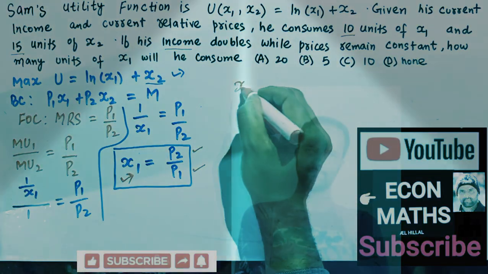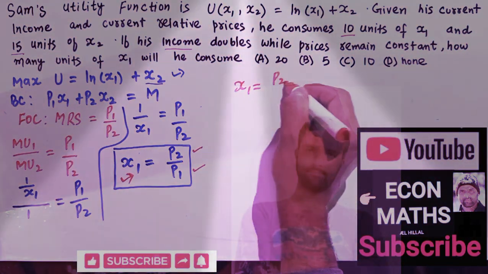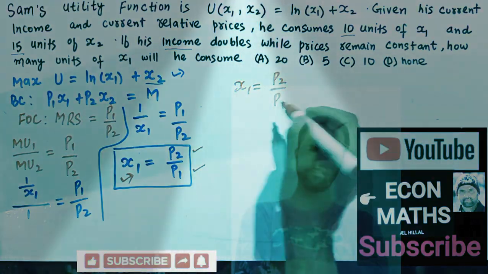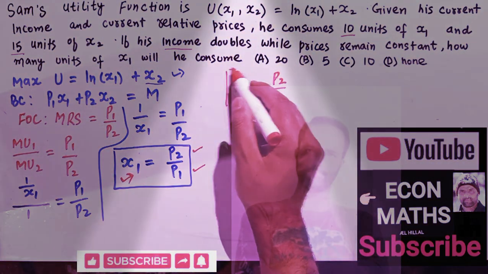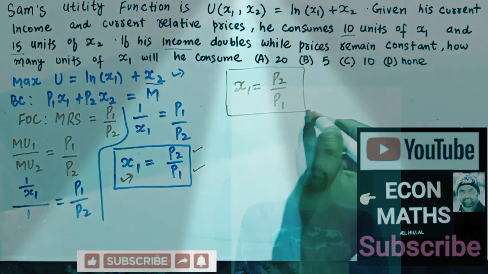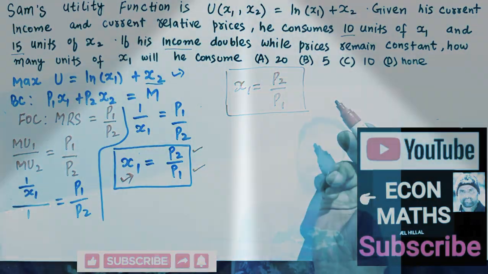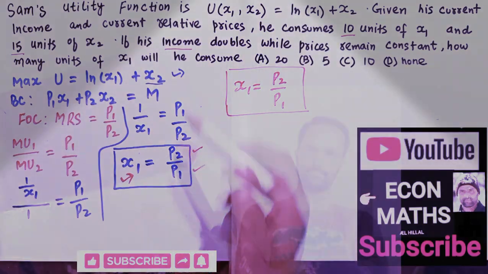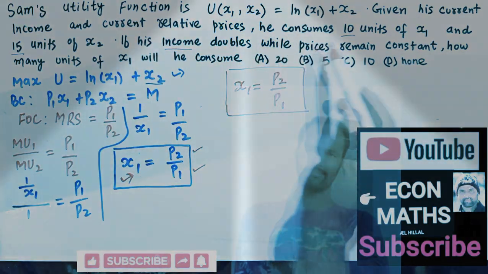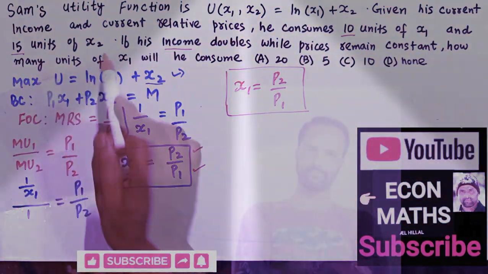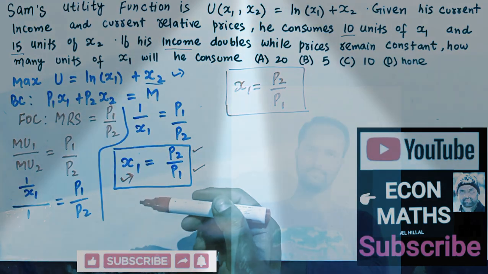So x1 = p2 upon p1. You can see that since m is not involved here, simple stuff, and we are being told that if his income doubles while prices remain constant, how many units of x1 will he consume?